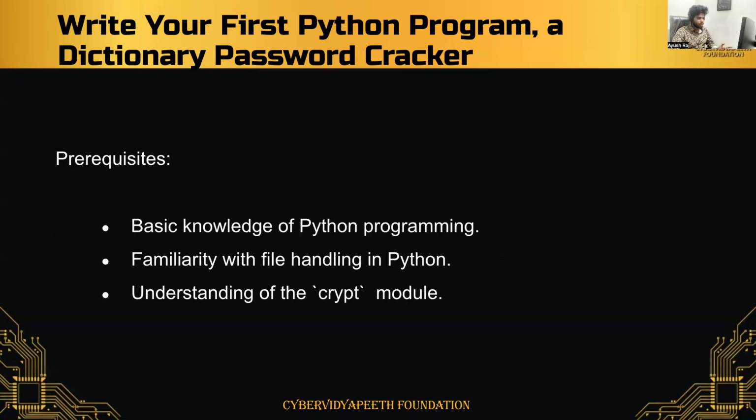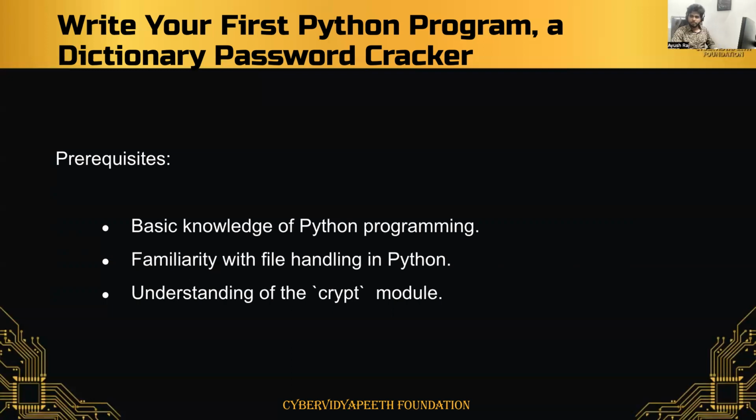So there are some prerequisites, what is required to make it. And here is a surprise for you: I'm not using the same library here. I want to show you that we can use multiple libraries for doing the same thing in Python. There are various options.